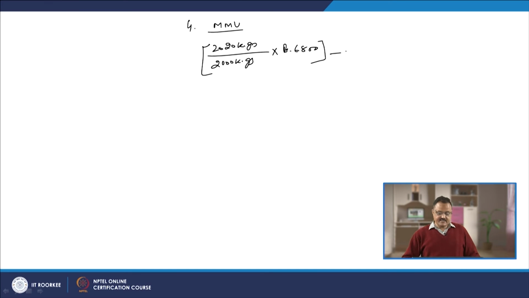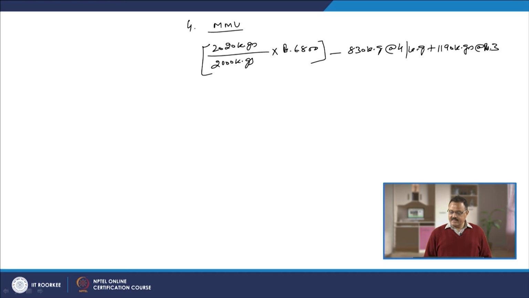Now we have to calculate the standard cost of the actual mix, which is different in both cases. In the case of product A, we use 830 kgs at the rate of rupees 4 per kg, plus the second component, 1190 kgs at the rate of rupees 3 per kg.